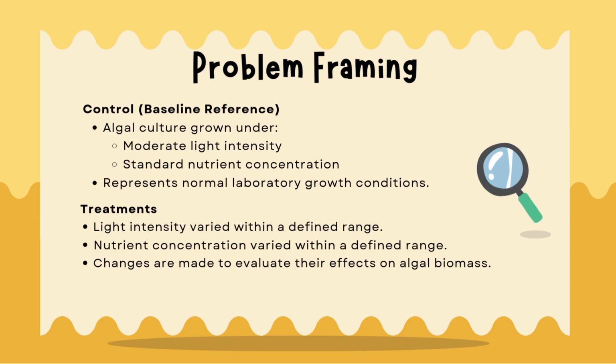The treatment groups are created by changing the light intensity and nutrient concentration from the control values. Light intensity is varied across a defined range, and nutrient concentration is also adjusted across different levels. These treatments allow us to observe how changes in each factor as well as their combined effects influence algal biomass production compared to the control.